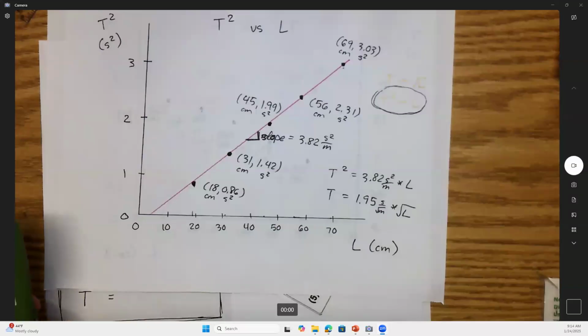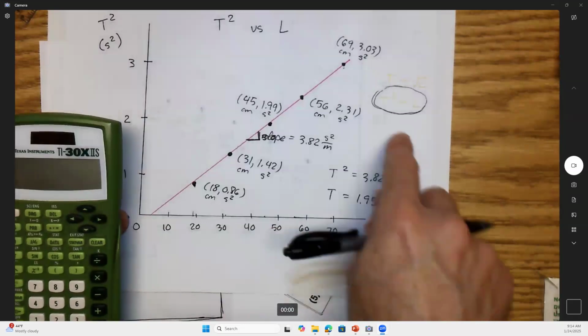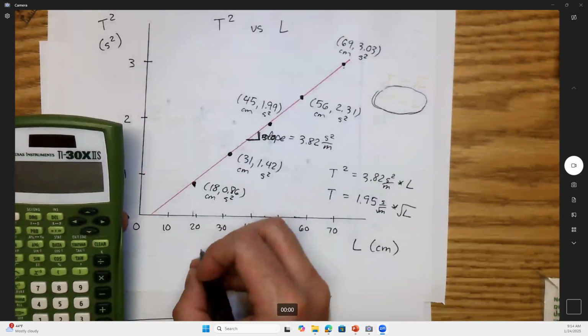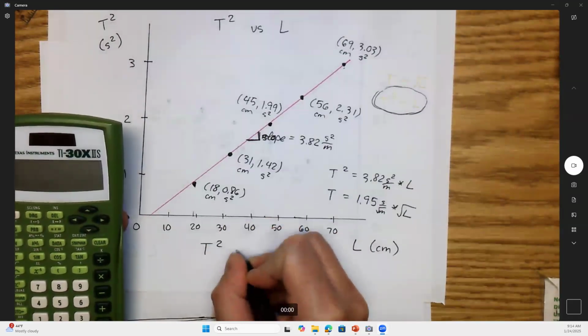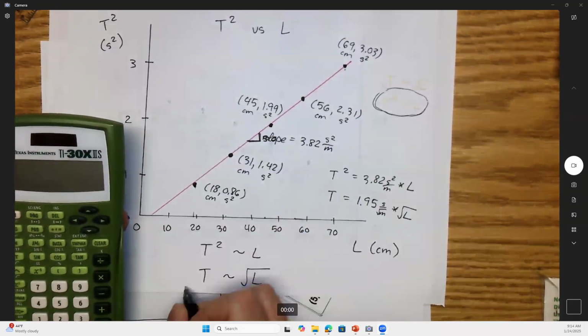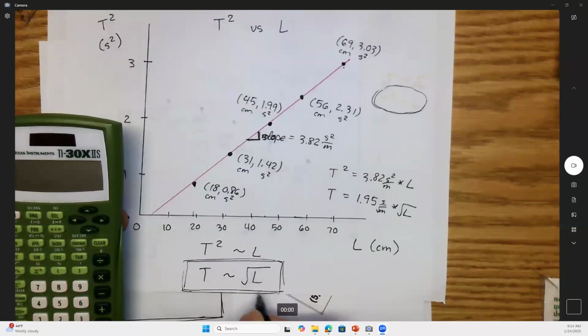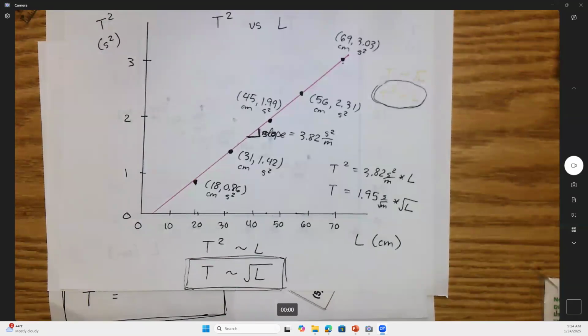But the important thing is that you have the proportion correct. So you either have T squared is proportional to L, or T is proportional to the square root of L. That's really what I'm looking for here.